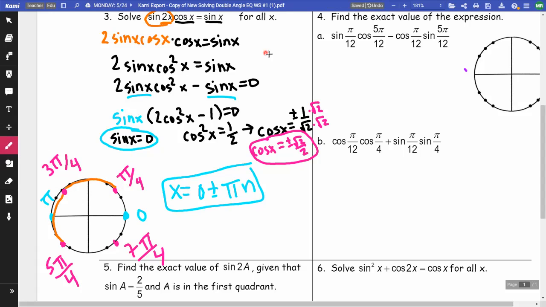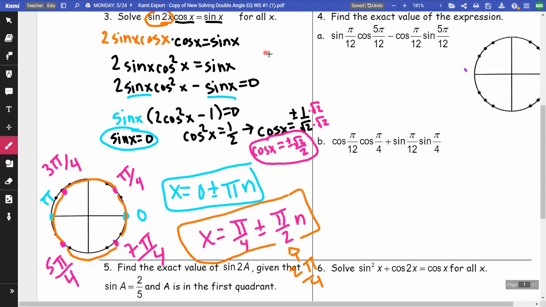From 3 pi fourths to 5 pi fourths is 2 pi fourths. And here is a fourth and a fourth, so 2 pi fourths. So for this, instead of writing each of them separately with a plus or minus 2 pi n, I can go x is equal to pi fourths plus or minus 2 pi fourths, which is pi halves n. Again, it is really that I'm adding 2 pi fourths from one to the other. And so that's another set of answers.